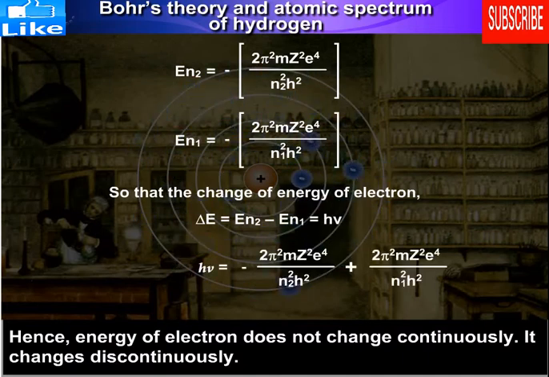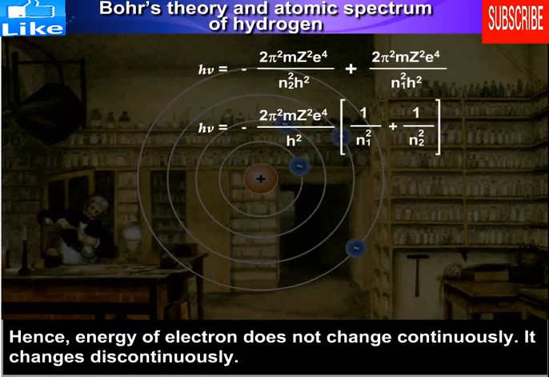hv equals minus 2 pi square m into z square into e raised to 4 upon n2 square into h square plus 2 pi square m into z square into e raised to 4 upon n1 square into h square, equals 2 pi square m into z square into e raised to 4 upon h square into bracket 1 upon n1 square minus 1 upon n2 square bracket complete.